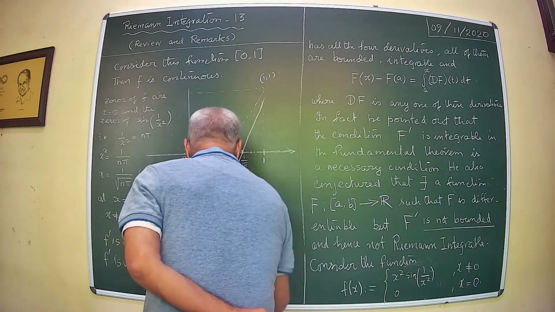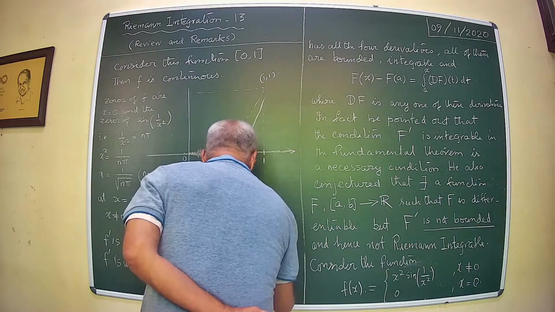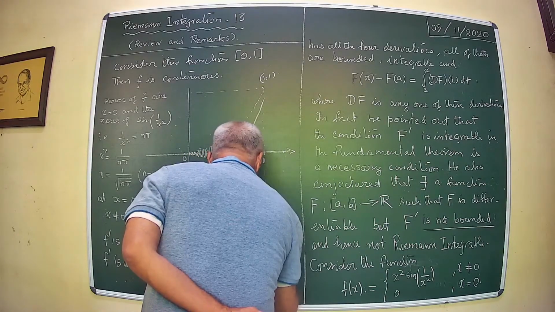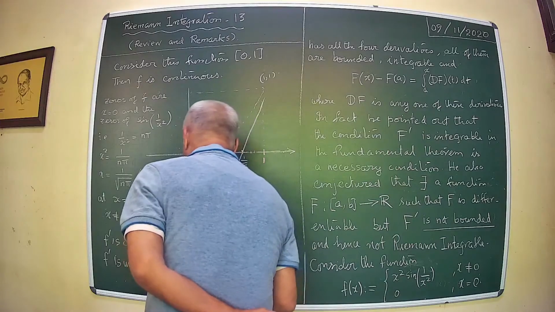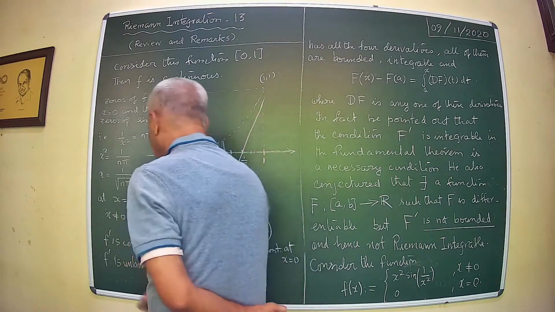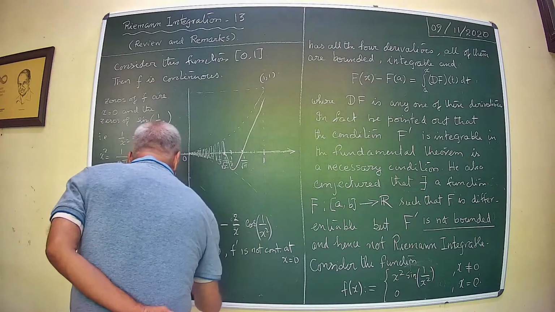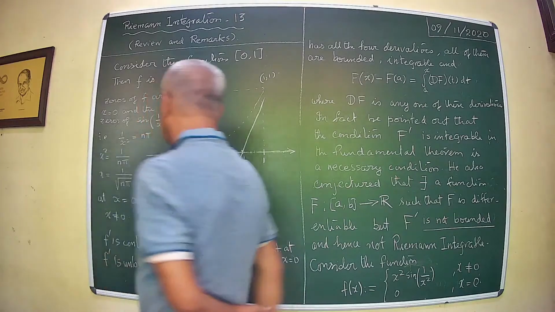F dash is not continuous at x equal to 0, and f dash is unbounded on 0.